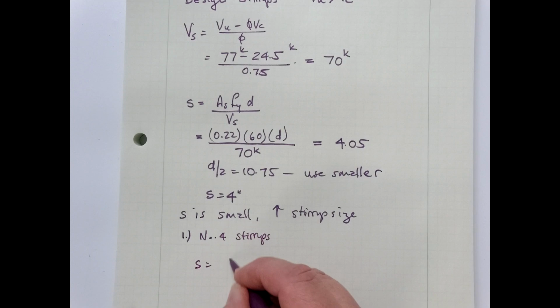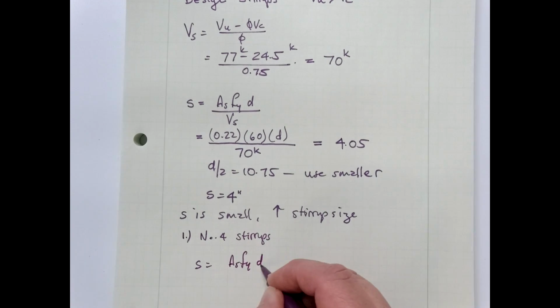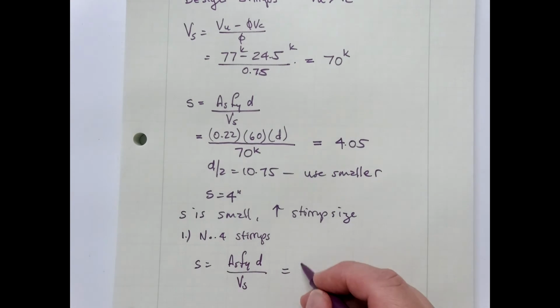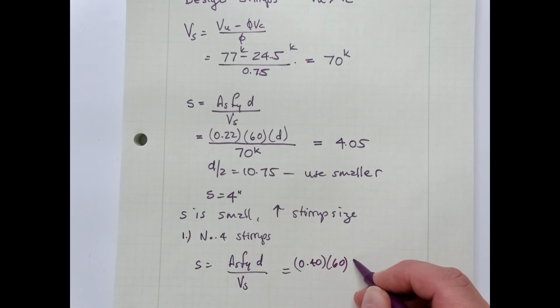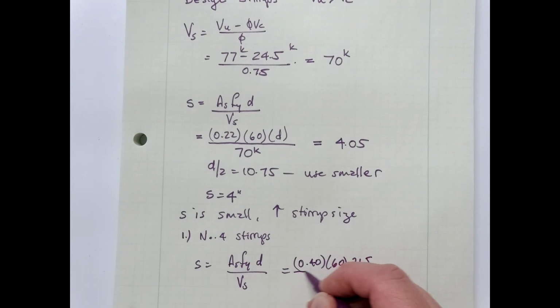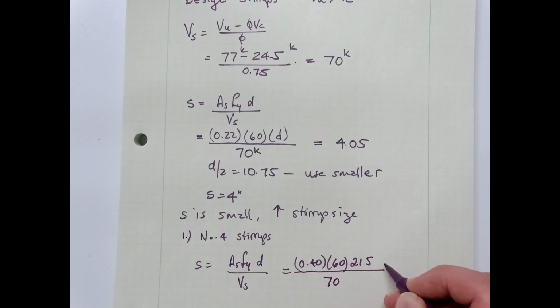Now our spacing is still equal to A sub S F sub Y D divided by V sub S, which is 0.40, right? There are 2 legs, multiplied by 60, multiplied by 21.5, divided by 70. What's my new spacing?